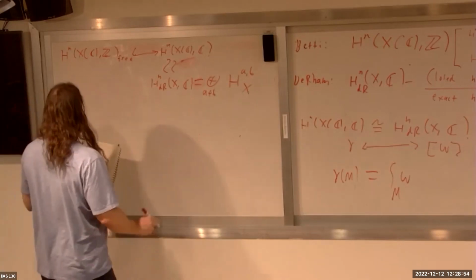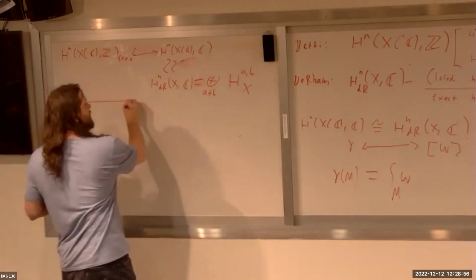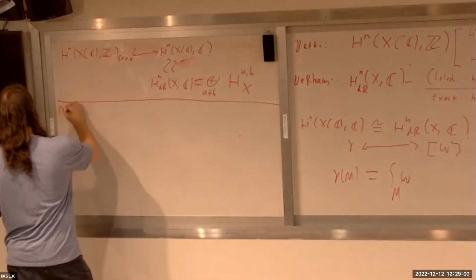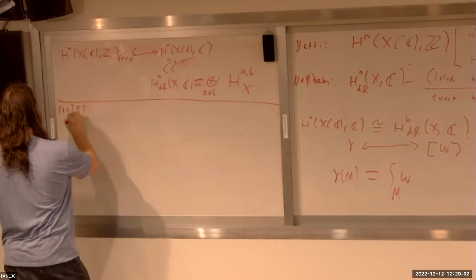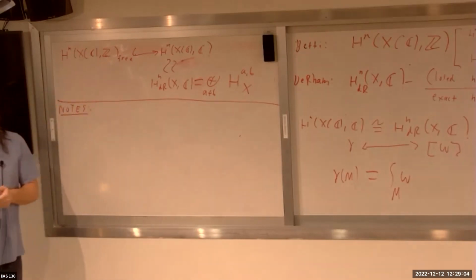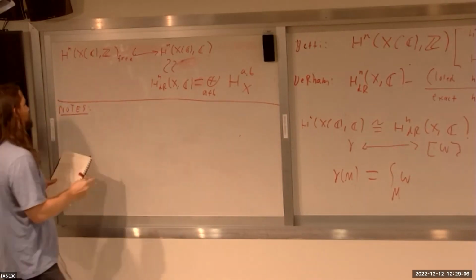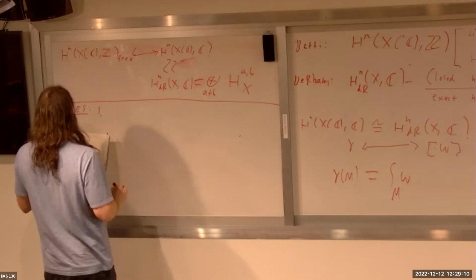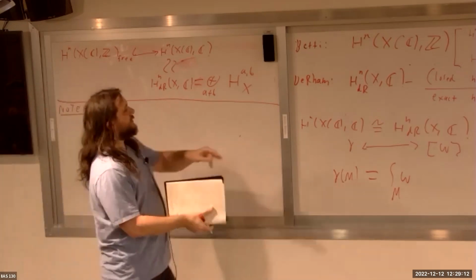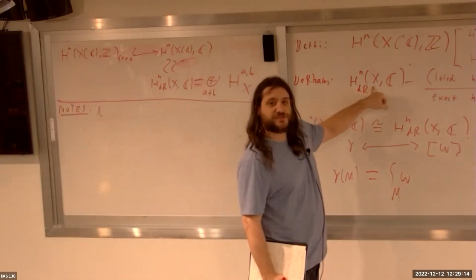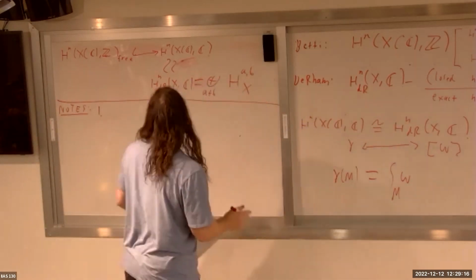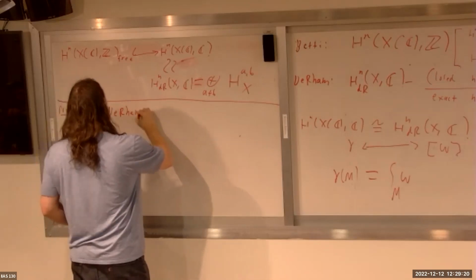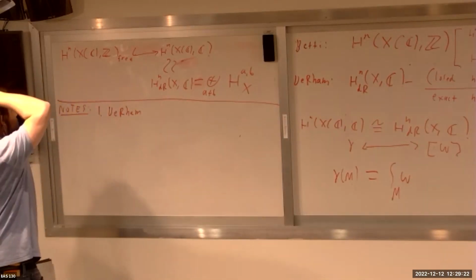Okay, so let me now make a whole bunch of observations regarding what we just did. So the first one is that you may have noticed I didn't write X(C) over here, just X. And this plays an important role in some arithmetic questions.